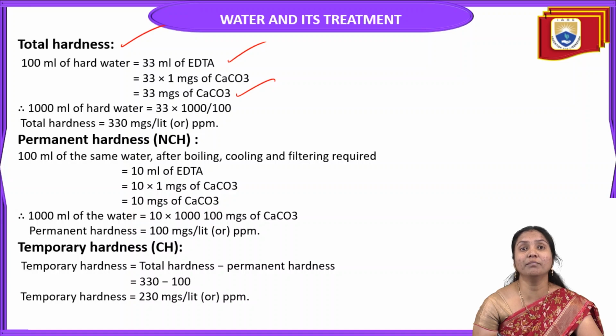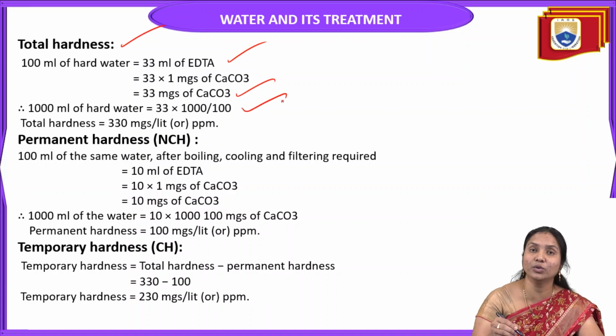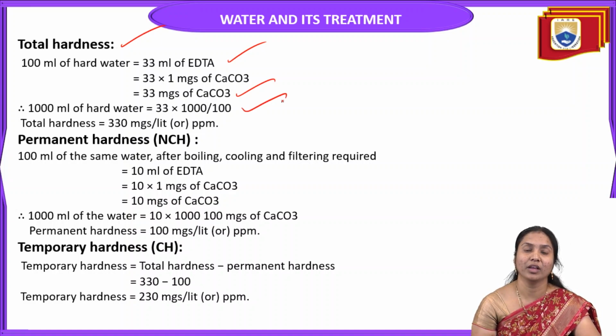Therefore, for 1000 ml of hard water, you can write 33 into 1000 by 100. So the total hardness of the given water is 330 milligrams per liter or 330 ppm.